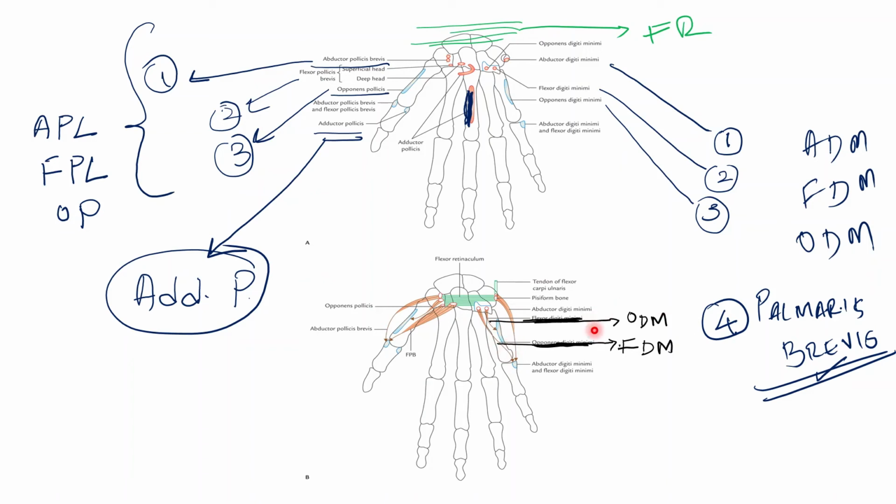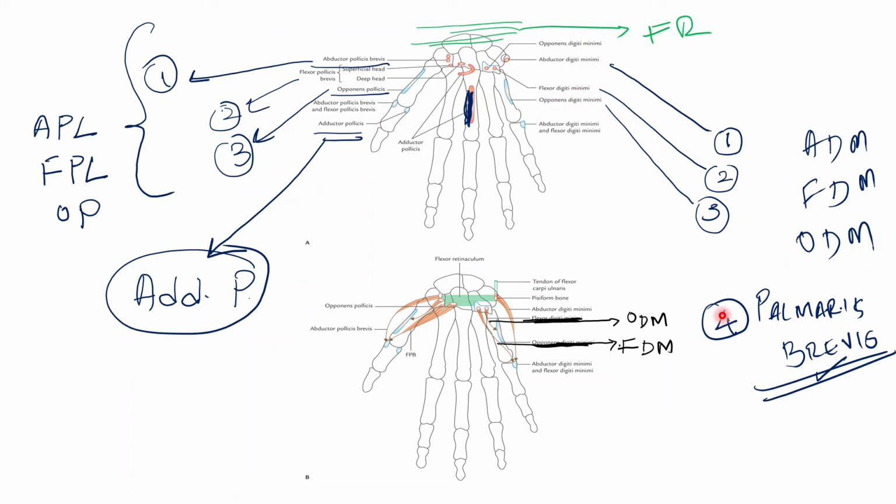So this is about the opponens digiti minimi, whereas the flexor digiti minimi has its insertion along with the abductor digiti minimi onto the base of the proximal phalanx of the fifth finger. So this is about the digiti minimi muscles, that is the abductor, flexor and opponens digiti minimi.